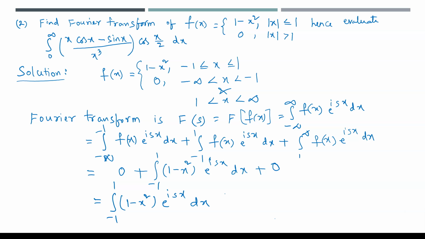To evaluate this integral, we apply the integral uv formula. Integral uv equals u v1 minus u1 v2 plus u2 v3 minus and so on. Here consider u equal to 1 minus x square, and v equal to e power isx.